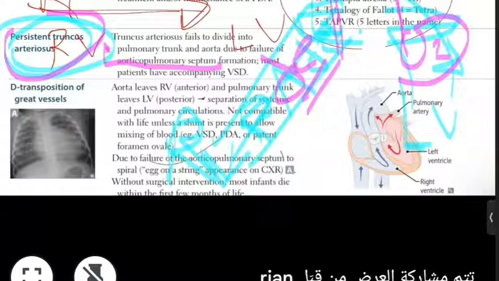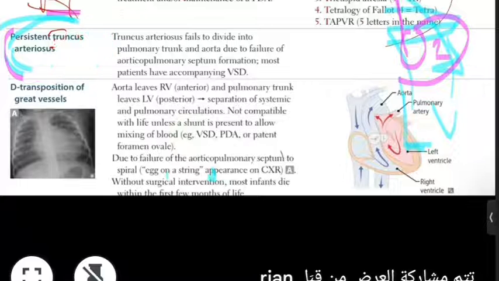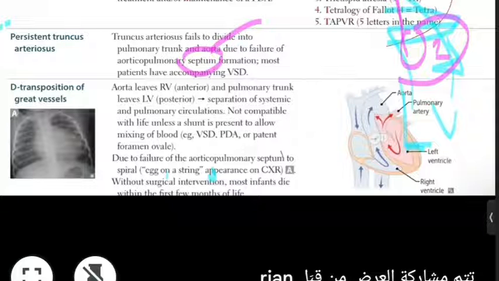If they fail to divide, this will lead to persistent truncus arteriosus. The septum formation is defective. The septum failed to develop.